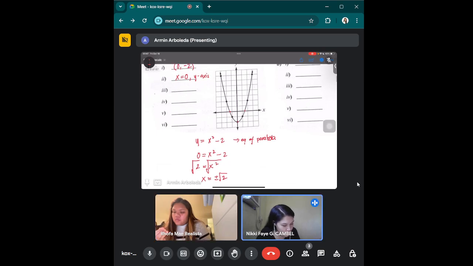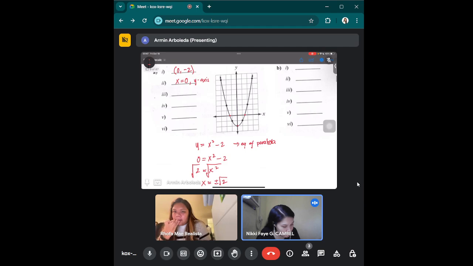Okay? So it's telling us that this one is square root 2 and this one is negative square root 2 and 0. Okay, so our x-intercepts would be what? These two. Square root 2 and 0 and then the negative square root 2 and 0. Okay?